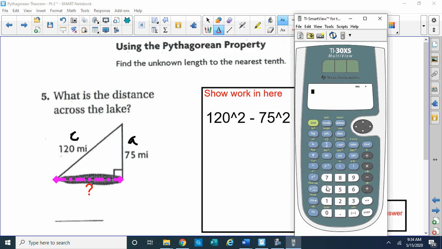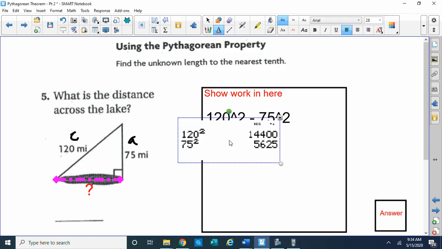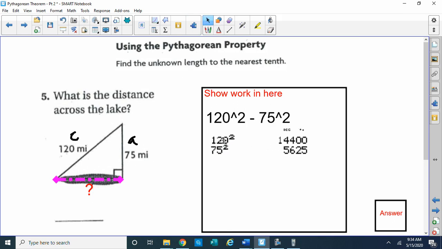So I got 120 squared. X squared, what is that equal to? And 75 squared. Let me bring that down there.